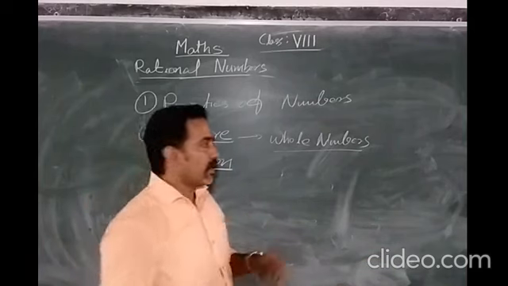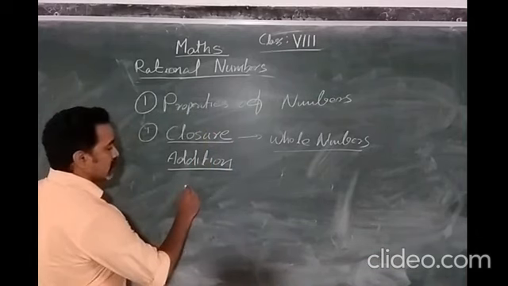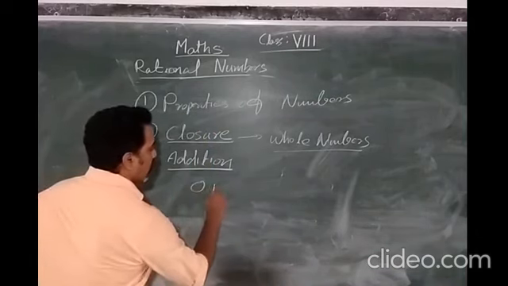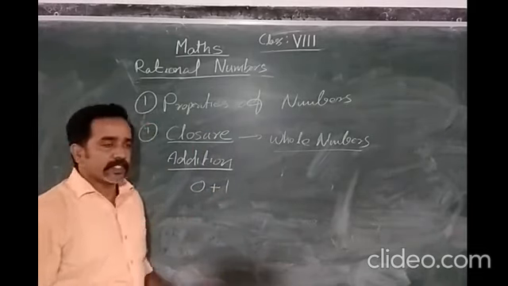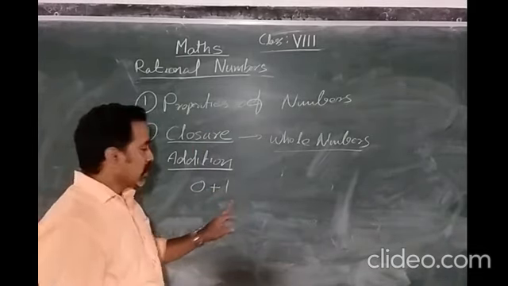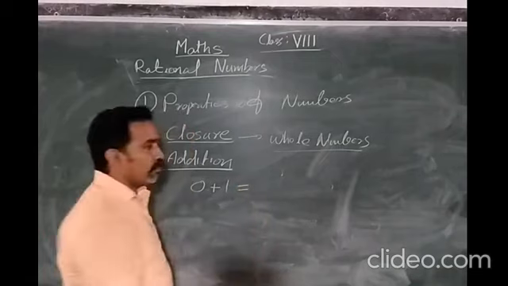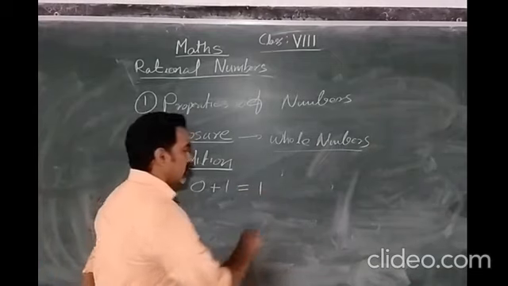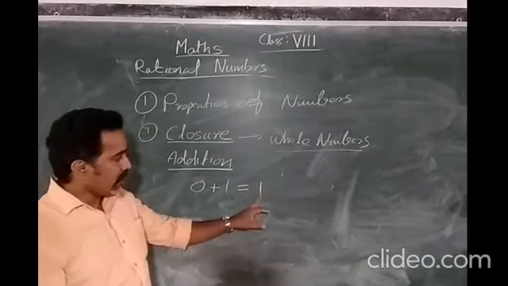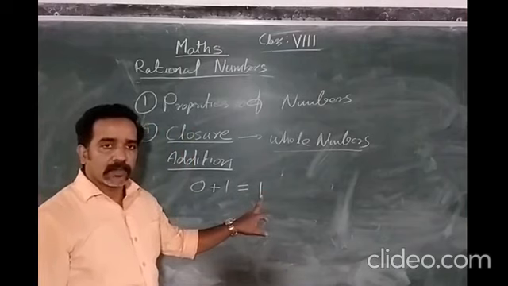So, for example, if you add two whole numbers, 0 plus 1, we know that 0 and 1 are whole numbers. What is the answer? Simple, it is 1, and we know that 1 is a whole number.